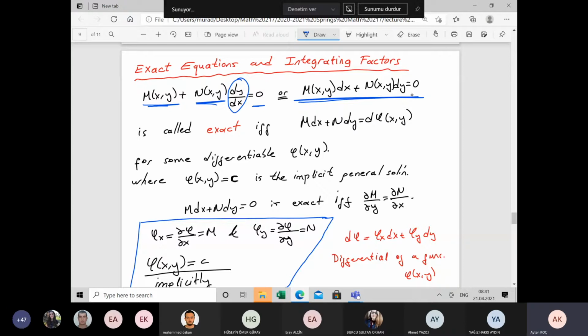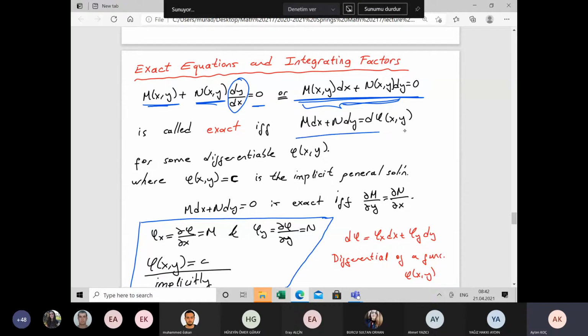These equations are called exact if and only if the left side is equal to d phi(x,y) for some differentiable function phi(x,y). If this is satisfied, our equation is called exact, and phi(x,y) = c is the implicit general solution of our equation.